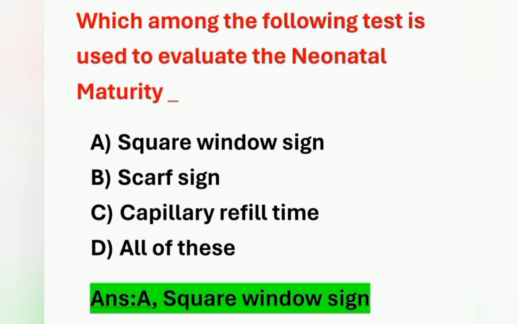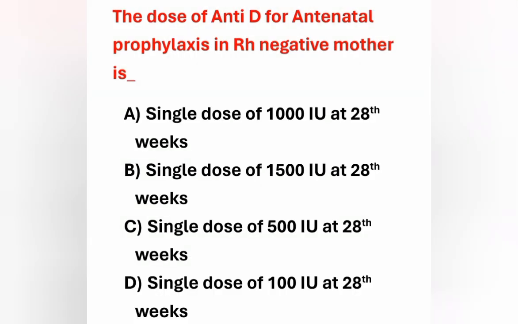That is scarf sign or scarf test. Capillary refill time is the time taken to regain the capillary bed color after pressing the capillary area or the nail bed. A prolonged capillary refill time is one of the signs of circulatory shock. Move on to the next question.